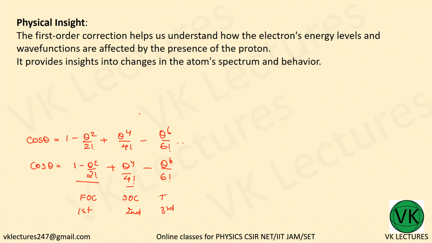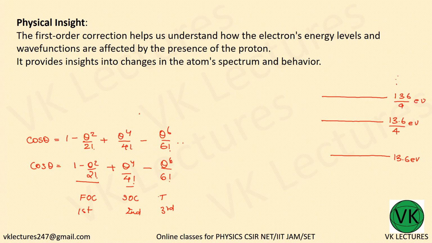Now another aspect is finding the insight or the physical meaning. For example, when I consider the hydrogen atom, this is the ground state with 13.6 electron volt, here you have 13.6 by 4 electron volt, and over here 13.6 by 9 electron volt, and so on.